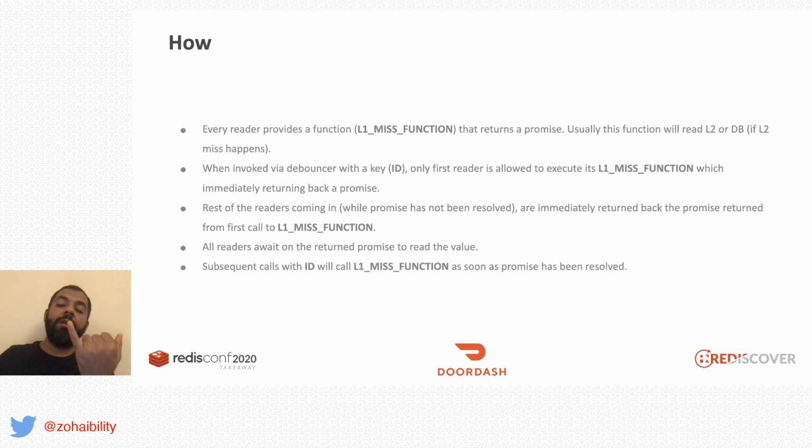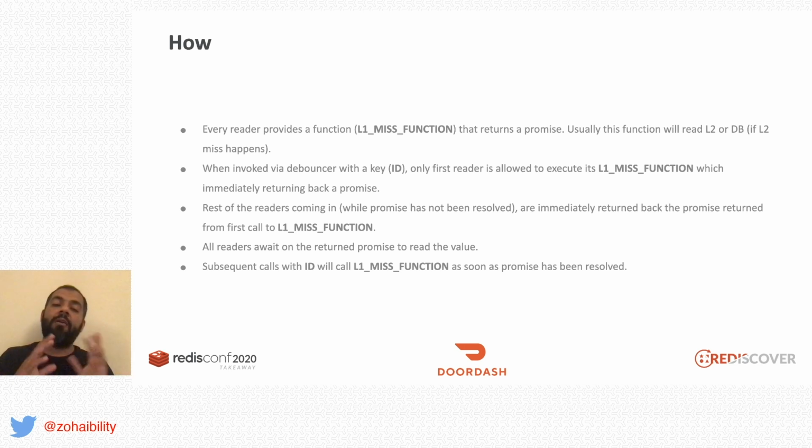Say there was a pending call for an ID that's taking 2 seconds. During those 2 seconds, all the calls for this particular ID are going to hook on to the same promise. So it's extremely important that your function satisfies all the requirements: the L1 miss function fails open quickly, and there's good retry logic, because the callers at the back are waiting on you to provide the value.